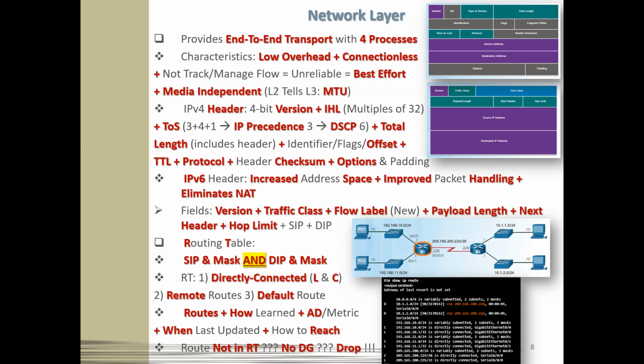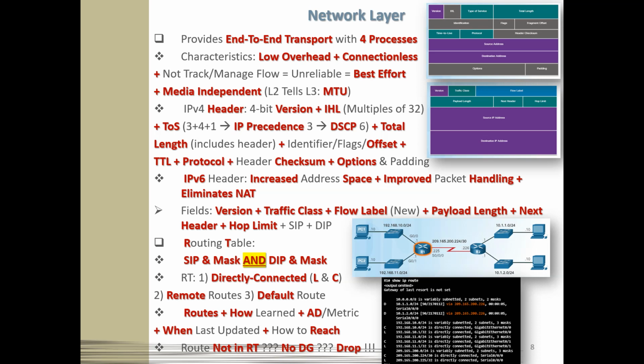With IPv6 we have payload length instead, and we only care about the data portion size. Then we have next header. This 8-bit field is equivalent to the IPv4 protocol field. It indicates the data payload type that the packet is carrying at the moment.